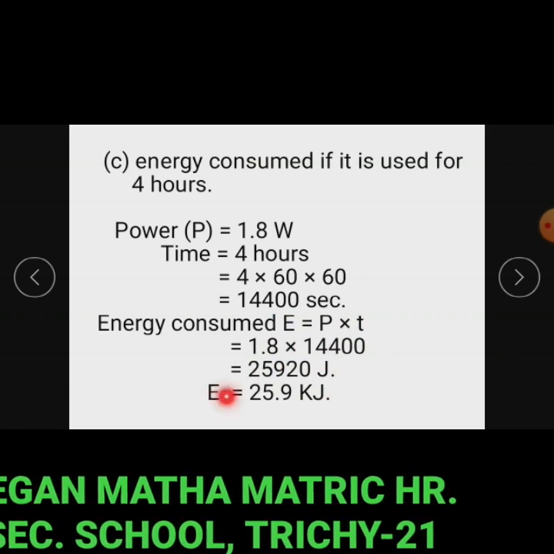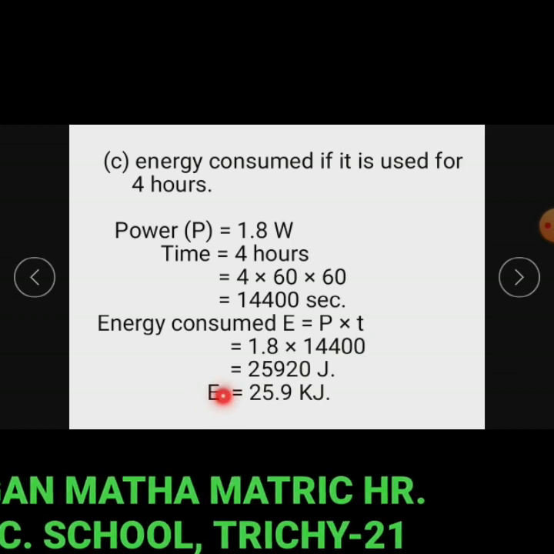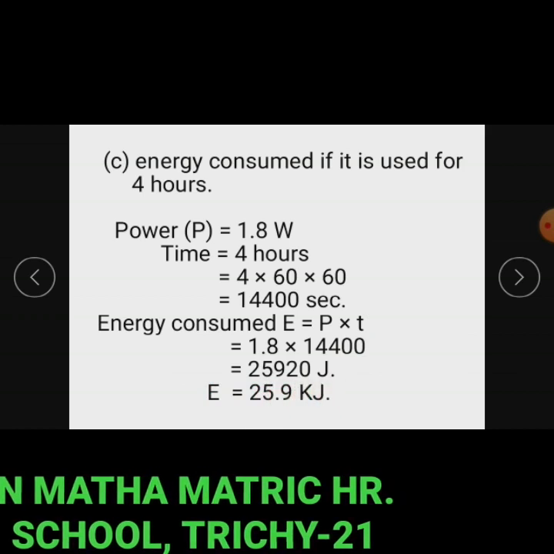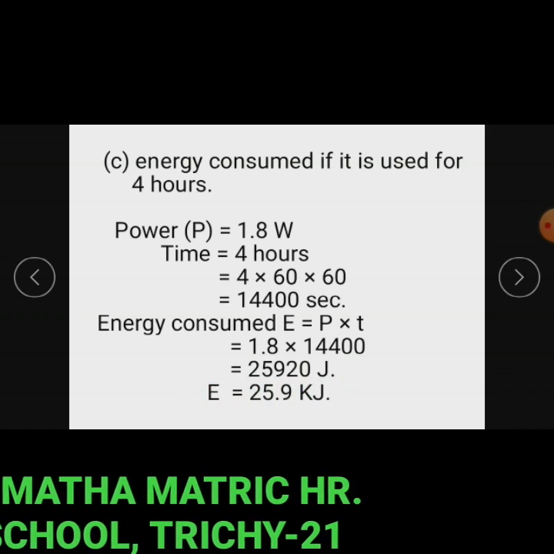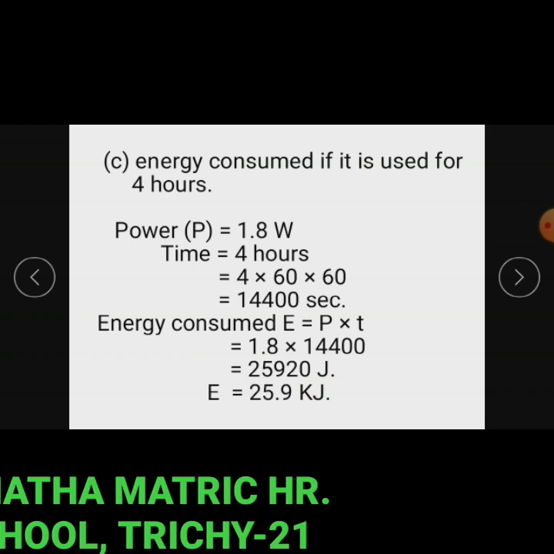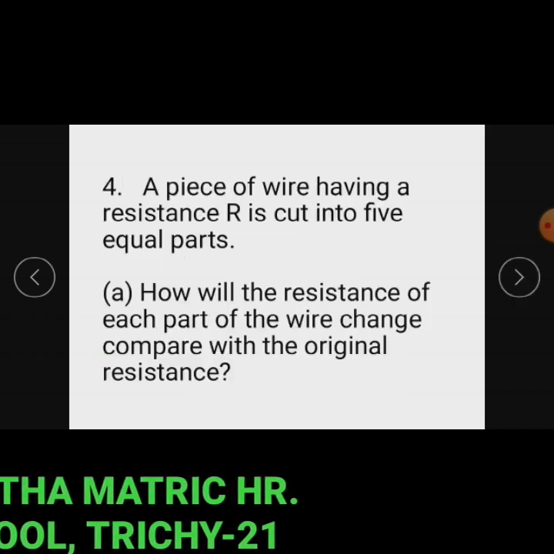Total energy consumed for 4 hours E equal to 25.9 kilojoules. Energy consumed is expressed in terms of kilojoule. So the answer E equal to 25.9 kilojoules.